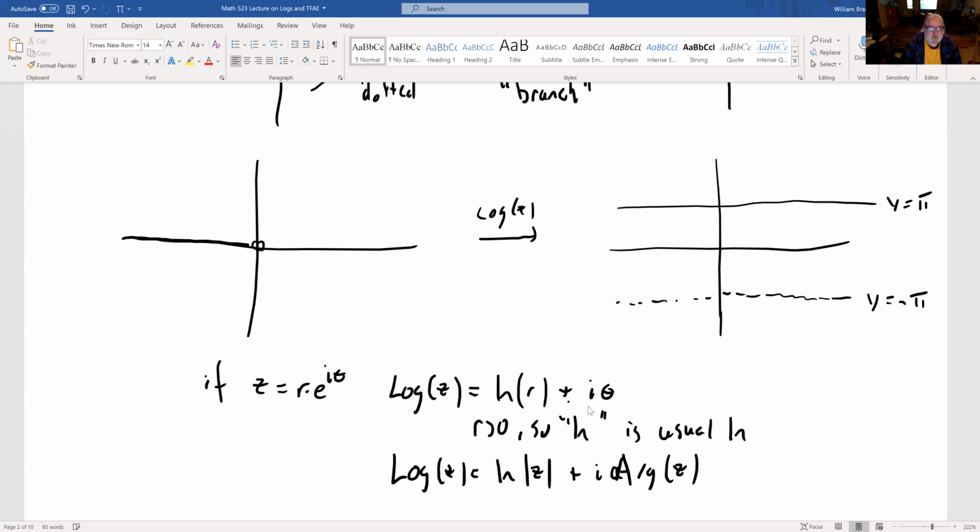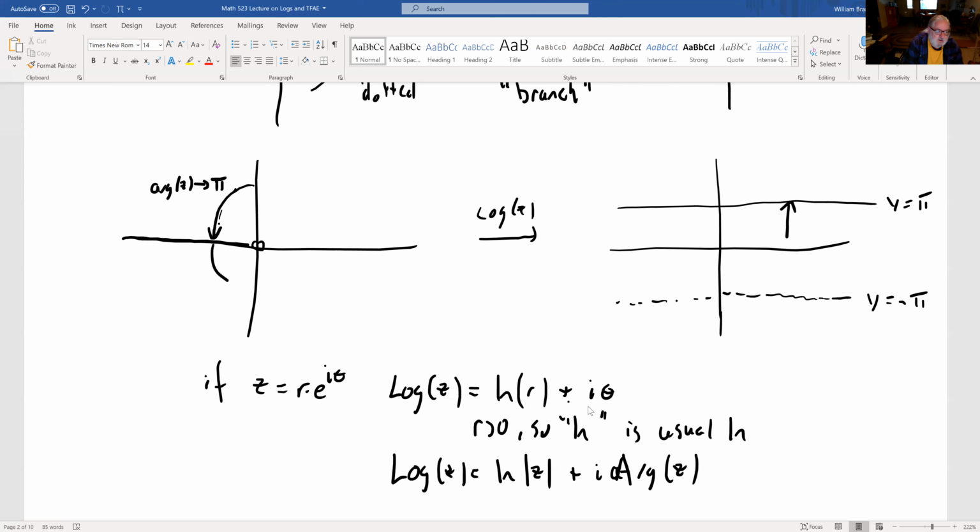And the problem with it is you can imagine if I go down a path, a circle like this, and along this path my argument is going to pi. And so that corresponds to a path going this way.